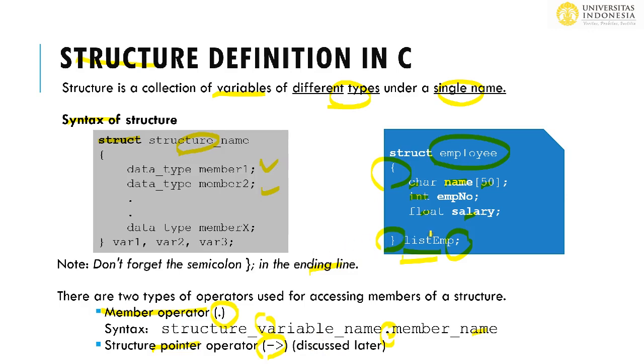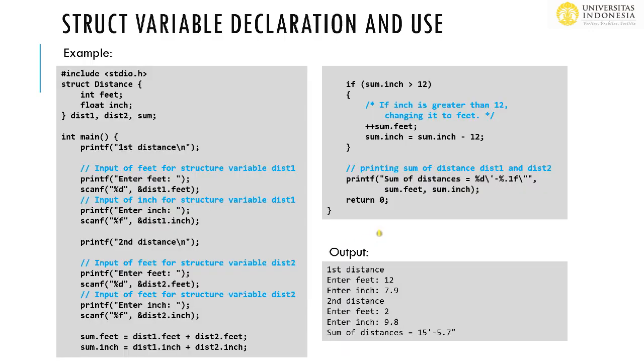Okay, so let's move on to an example of how to declare or define a structure and how to use it in a simple program. Here we can see that the structure is named distance, and it contains two variables. The first one is feet, an integer, and the second one is inch, a float type data.